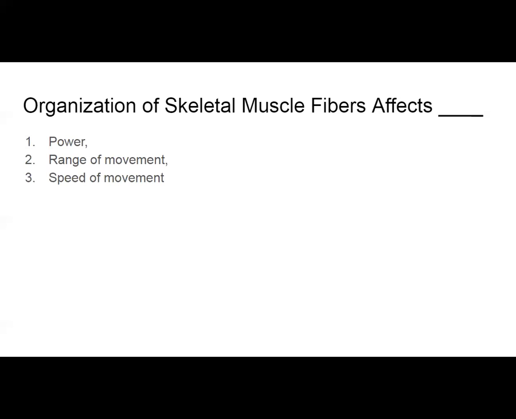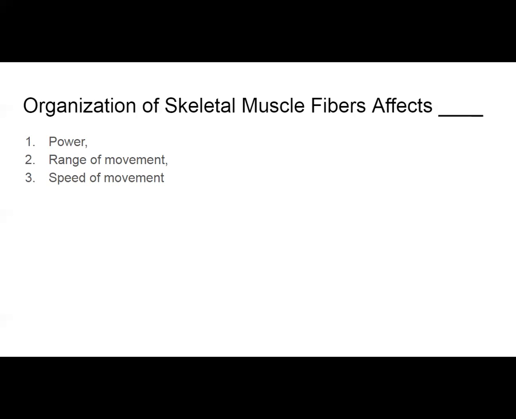Yes, you have the elastic fibers, the collagen fibers, but when I said fibers, I guess that wasn't clear, because you could be talking about the fibers inside of a skeletal muscle fiber, or the different types of skeletal muscle fibers themselves.